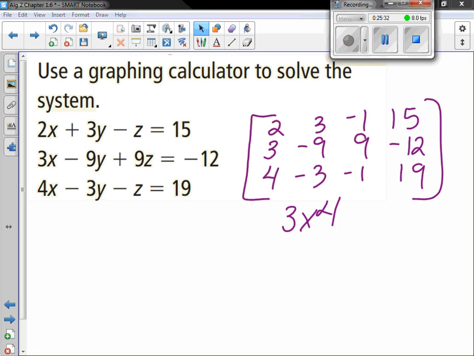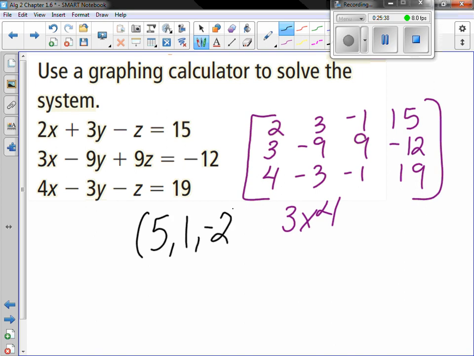So what did we get for this? 5, 1, negative 2. I calculated that doing it by hand. So did you put it in matrix A?